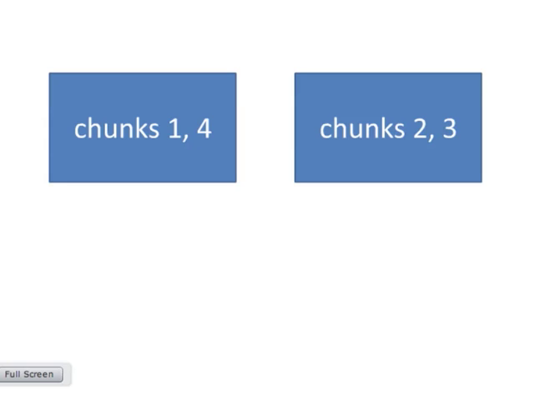So the balancer wouldn't actually be triggered in this case. It takes quite an imbalance to trigger the balancer, because in a real production system, you don't really want data to be flying back and forth between shards, because balancing is not a lightweight operation.